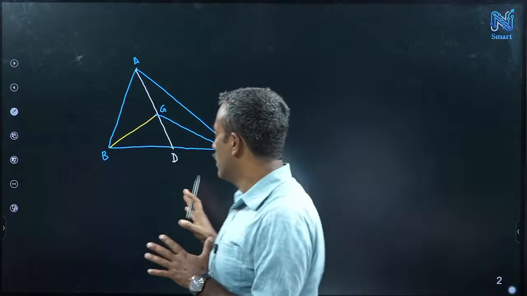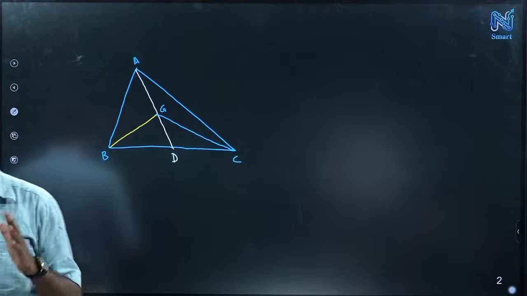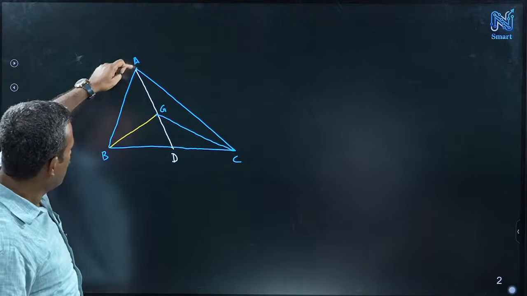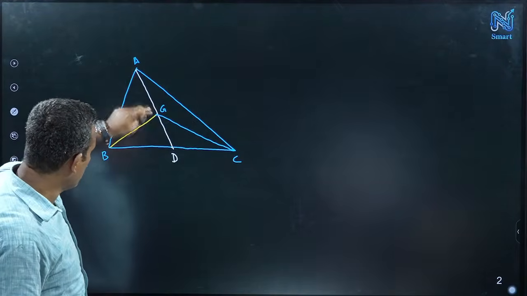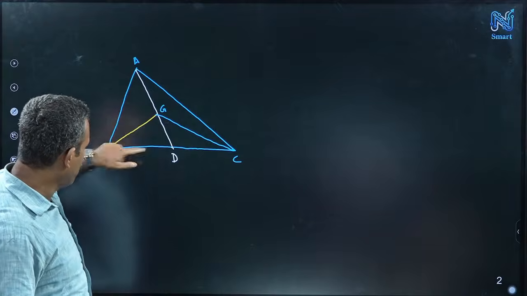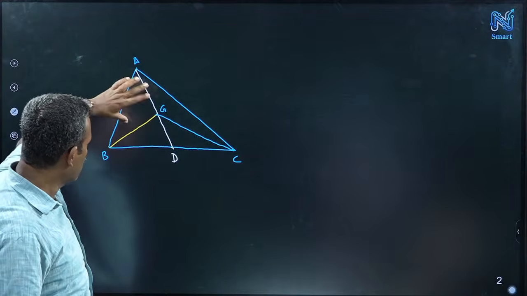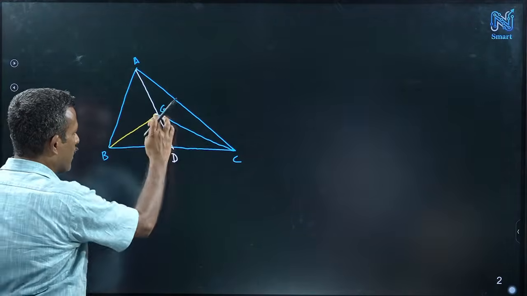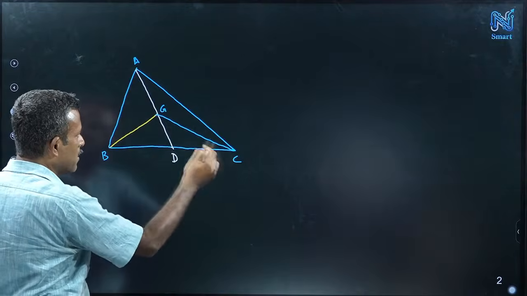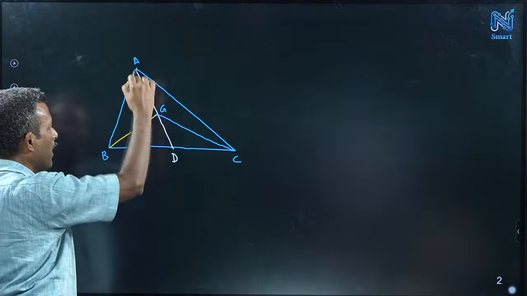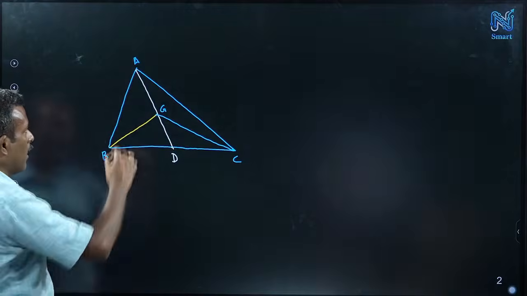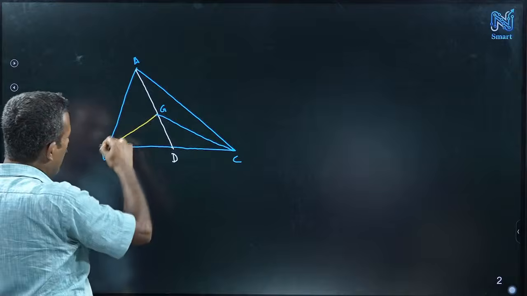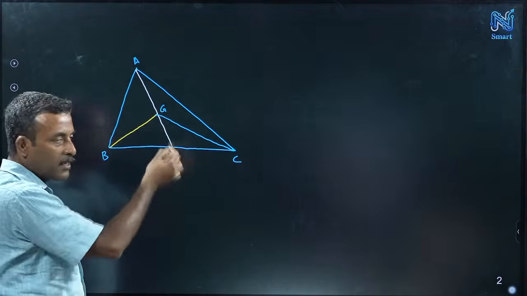So we divide the whole triangle into parts: one triangle divided into 2 parts, then again divided into 2 parts. Actually there are 7 triangles. This is BGD, then CGD, 2 triangles, then BAD, CAD, 4, and then ABD and ACD, 6, and the whole triangle.